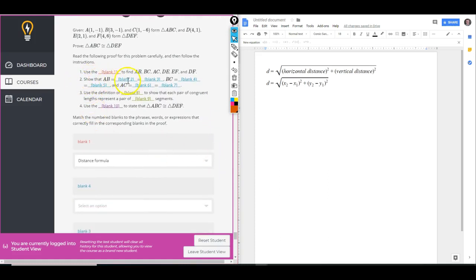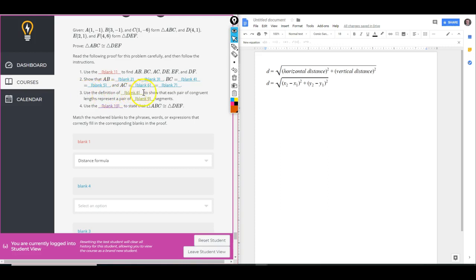Show that AB equals blank, which equals blank, and BC equals blank, which equals blank, and AC equals blank, which equals blank. Okay, those are a lot of blanks, so I guess we'll figure out what's going on there.